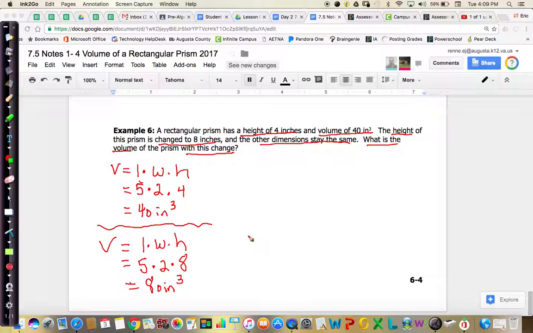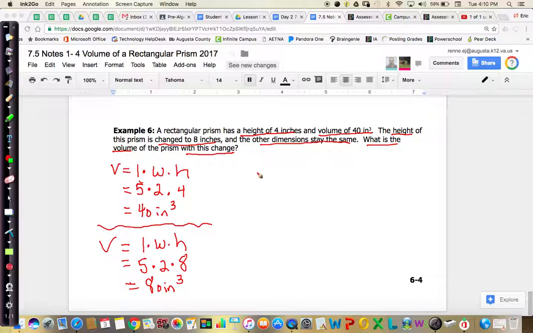Now, this is the proof behind it, because look at what I did to the height. All I did to the height is change it from 4 to 8. So what did I really do? I doubled it. So all you really had to do is find the scale factor of the two heights.